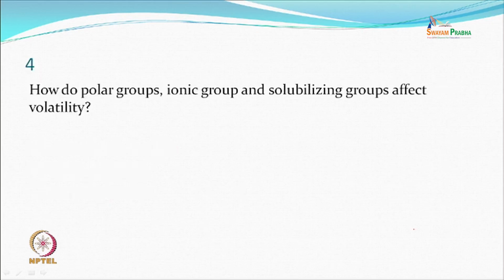So, it is the same question repeated again, but in a different way. The polar ionic solubilizing groups affect volatility. So, something which sublimes obviously means that the intermolecular forces are weak, and the polar groups, ionic groups and solubilizing groups, which means they love water, they love such kind of things, and therefore, these groups will reduce the volatility.